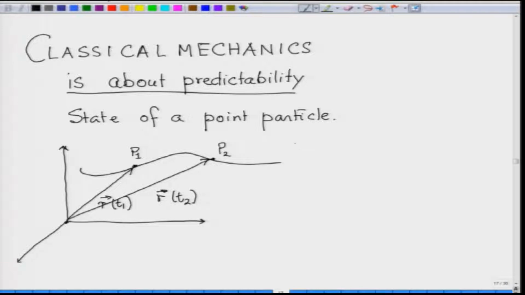In general, the position of a particle is given by 3 coordinates which also depend on time, because as time evolves the body's position keeps changing, just like a moving train.